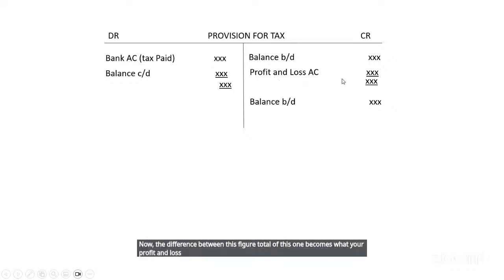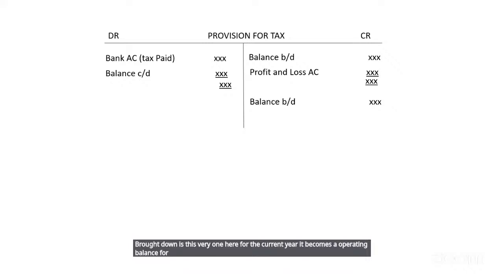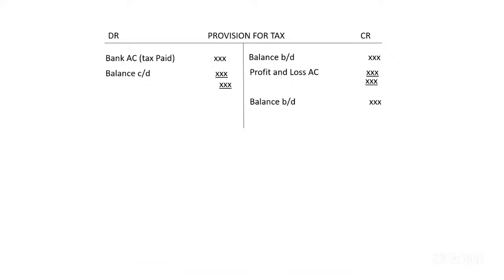That is what is supposed to be in your P&L account. That's the balancing figure, the difference. And then, of course, this balance brought down is this very one here for the current year. It becomes the opening balance for the next accounting period.